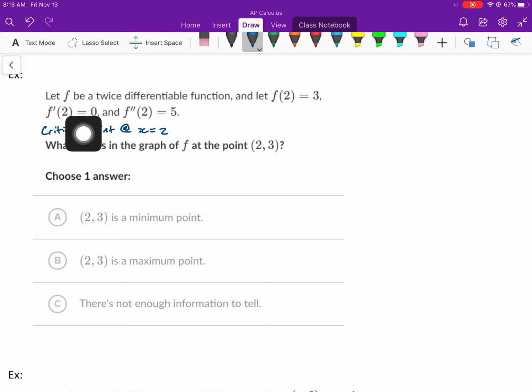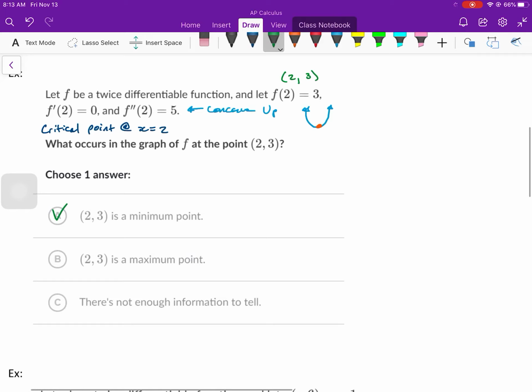So this is positive, so we're concave up, because our second derivative is positive. So we're concave up at that critical point, and that would make that point a minimum. What are the coordinates of the point? The coordinates of the point are 2, 3. X is 2, y is 3. So 2, 3 is a minimum point because we're concave up.